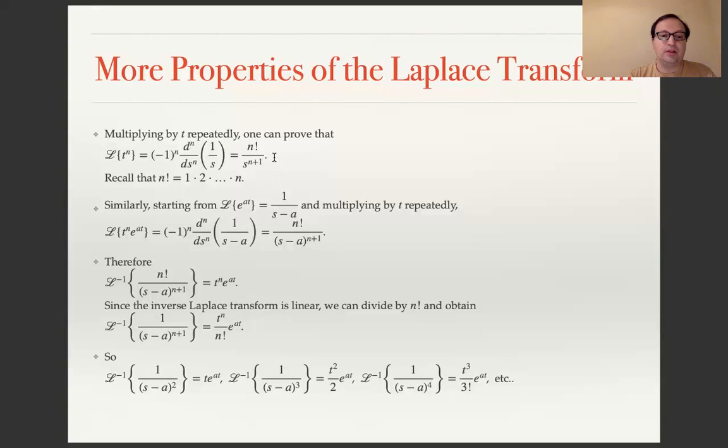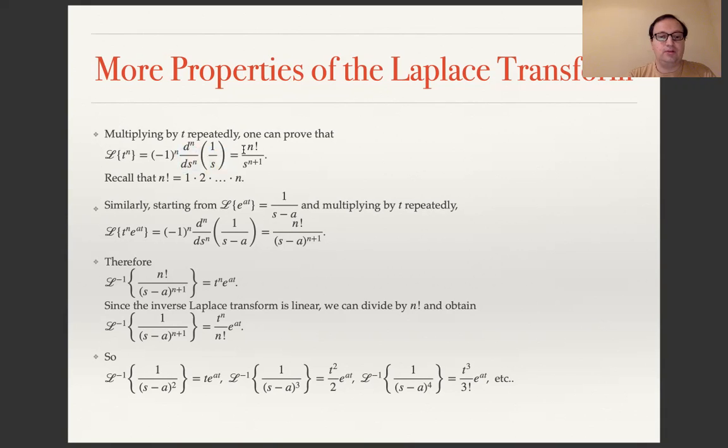All right, then doing this several times, multiplying by t, let's say, n times, we should get minus 1 to the n times the nth derivative as a function of s. So if we do this to the constant function 1, then the Laplace transform of t to the n times 1, so the Laplace transform of t to the n, is minus 1 to the n times the nth derivative of 1 over s.